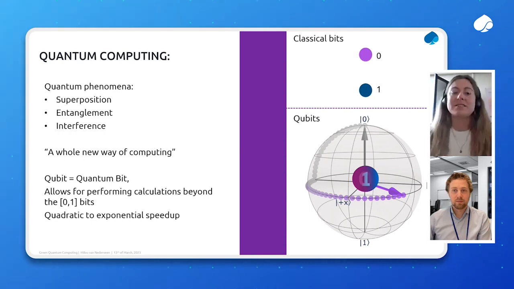This combination of the two is what we call a quantum bit, also called a qubit. And as we are now able to perform calculations beyond the 0 and the 1 bits, we can create a speed up, quadratic to exponential based on the specific problem.